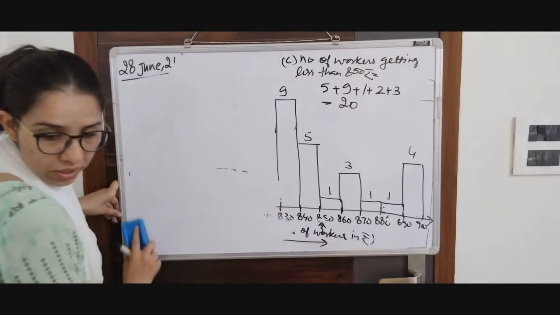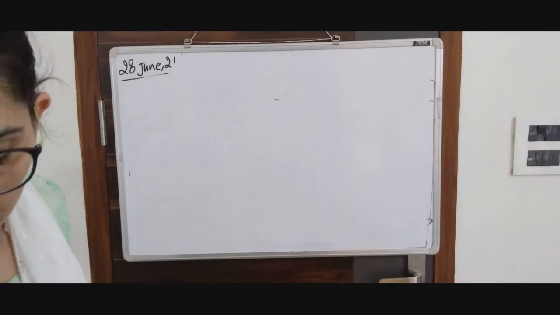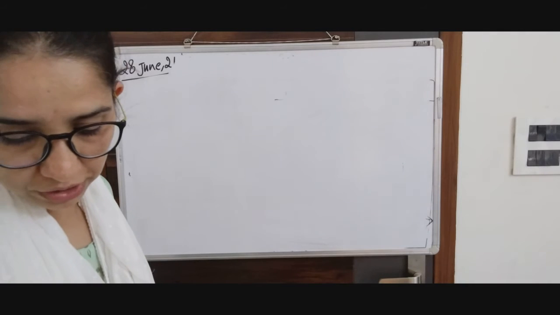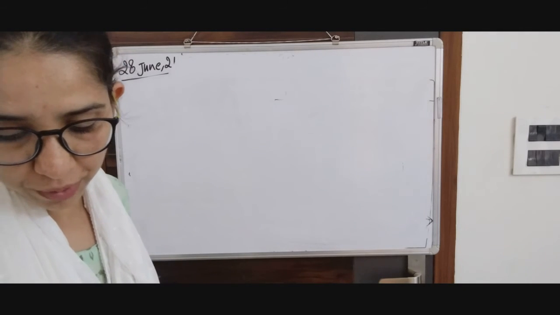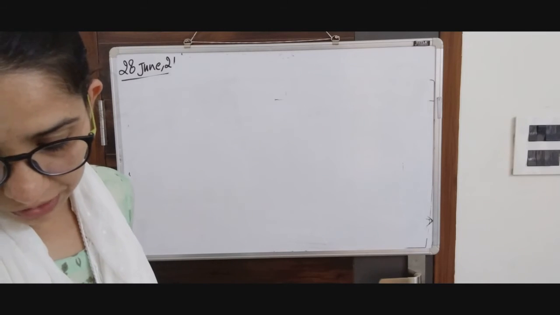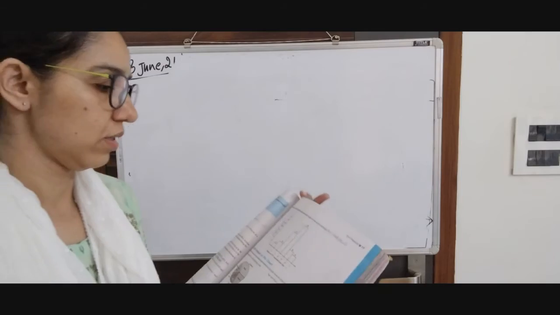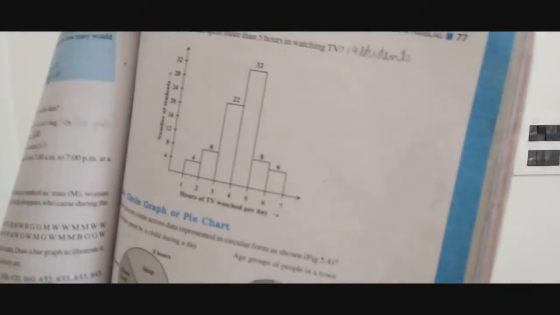Next is our question number 5. The number of hours for which each student of a particular class watches television is shown through the given graph. There is a graph given and it is like this. It is on page number 77.